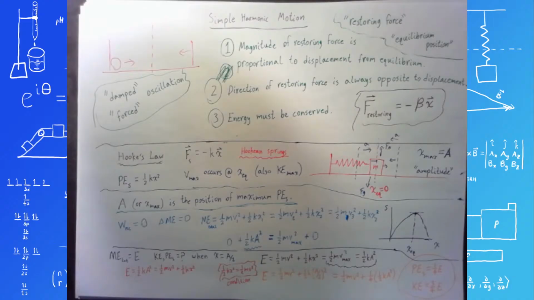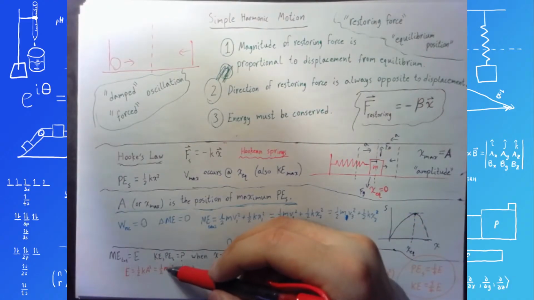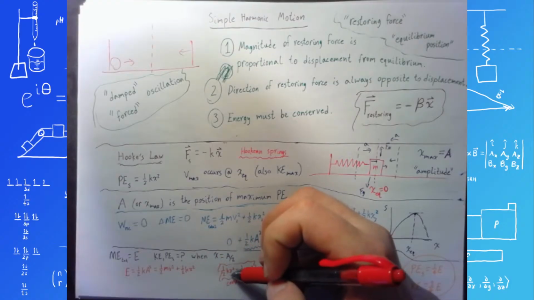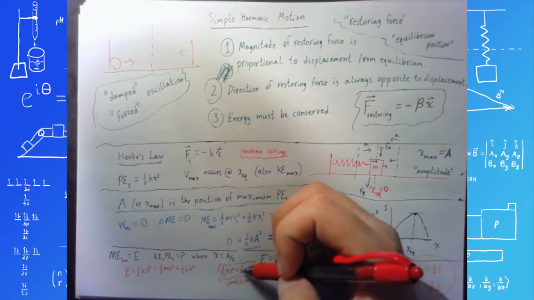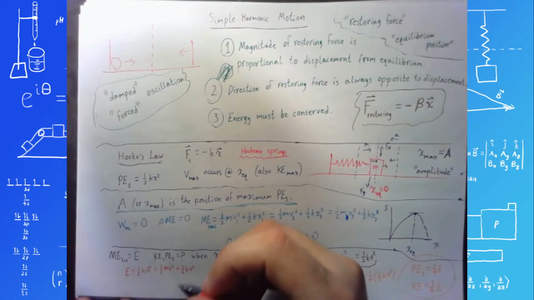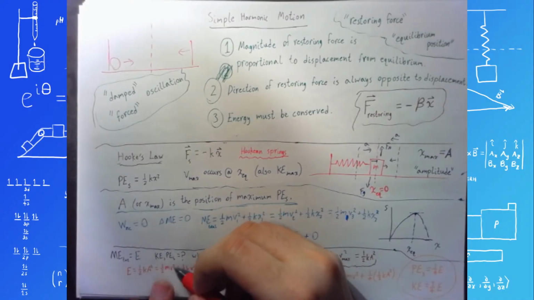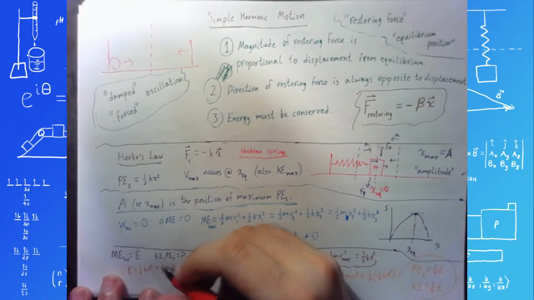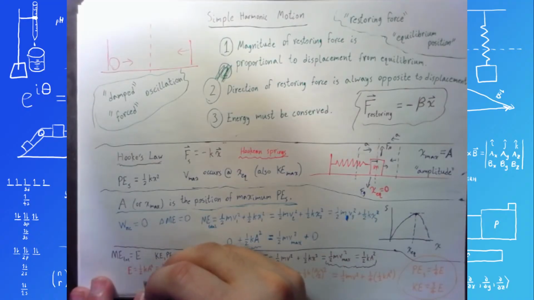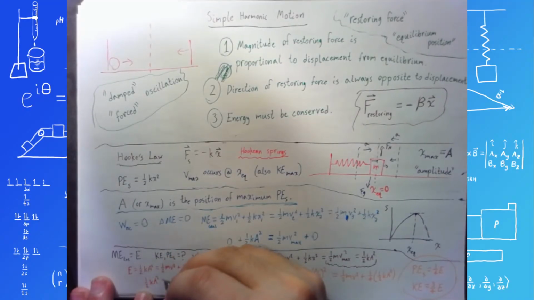So I'm going to go ahead and replace the 1/2 mv squared with 1/2 kx squared using this substitution. And that'll give me 1/2 kx squared plus 1/2 kx squared is 1 kx squared. So total energy, which is 1/2 ka squared, equals kx squared.